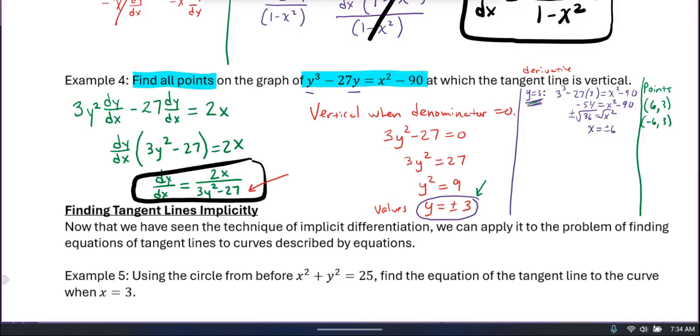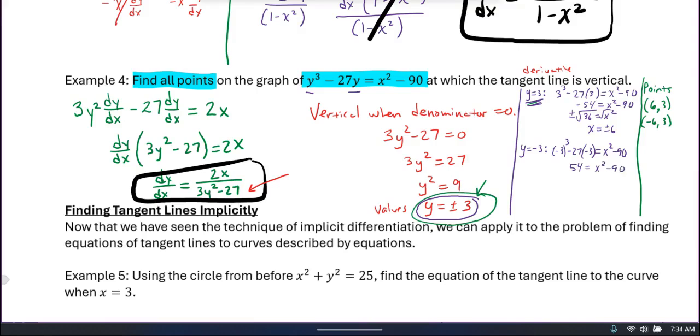Let's also consider back to our original solution, when y would be equal to negative 3, what would happen? When y is negative 3, you might pause the video and try that yourself. You're going to get negative 3 cubed minus 27 times negative 3 equals x squared minus 90. Here you're going to have negative 27 plus 81. This time I believe you get 54.